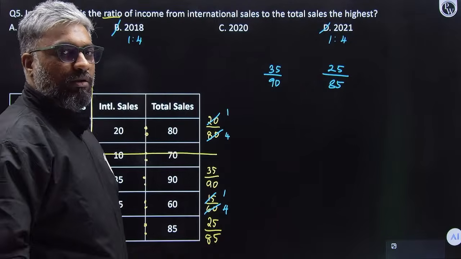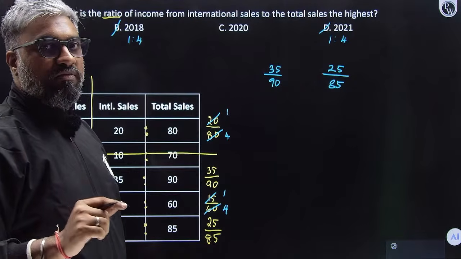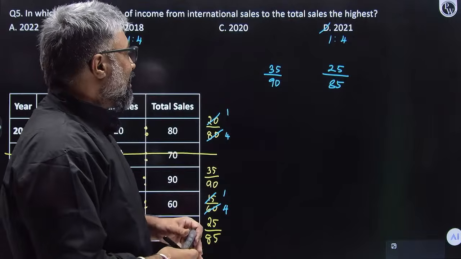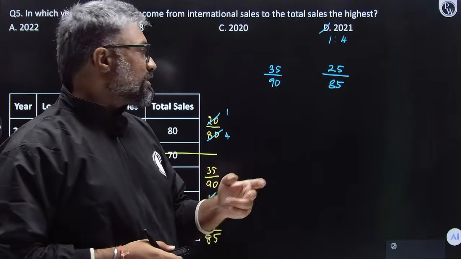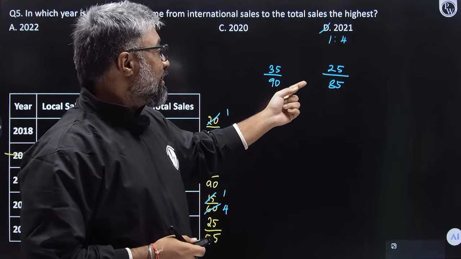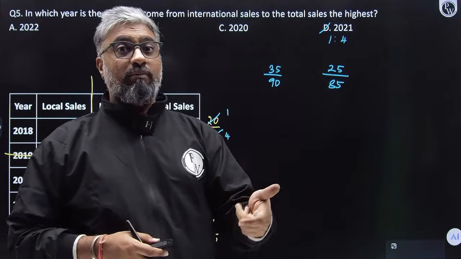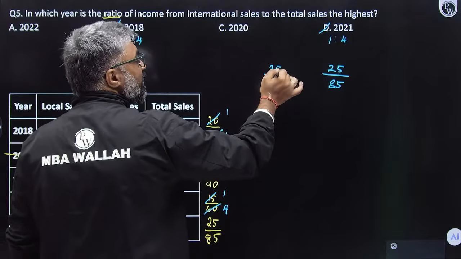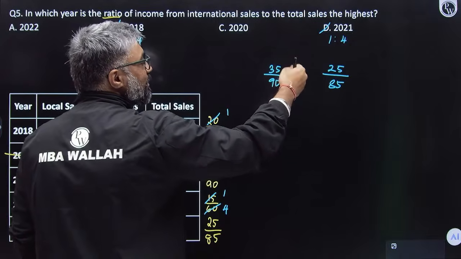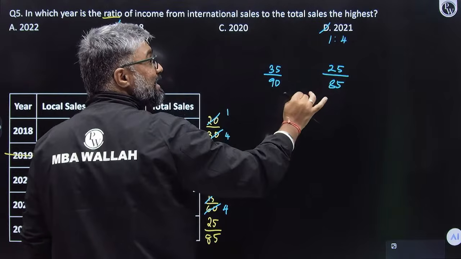Values are very, very close, correct? I can say 35 around 2 point something will give me 90. 25 is around 3 point something in the denominator. Getting this? 35 into 3 is more than 90. 25 into 3 is less than 85.